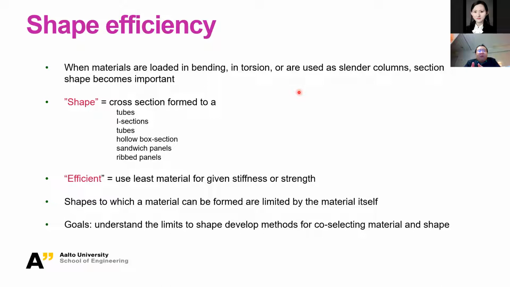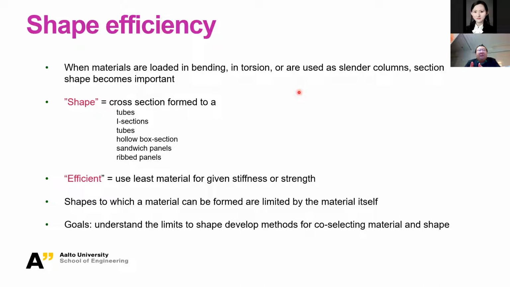So what we have to keep in mind is that the shape is something related to the material and the processes. For the processes, you probably could understand, because we cannot shape anything as we wish.